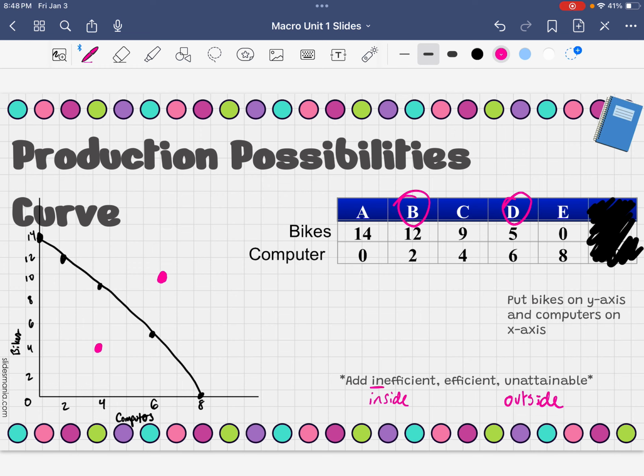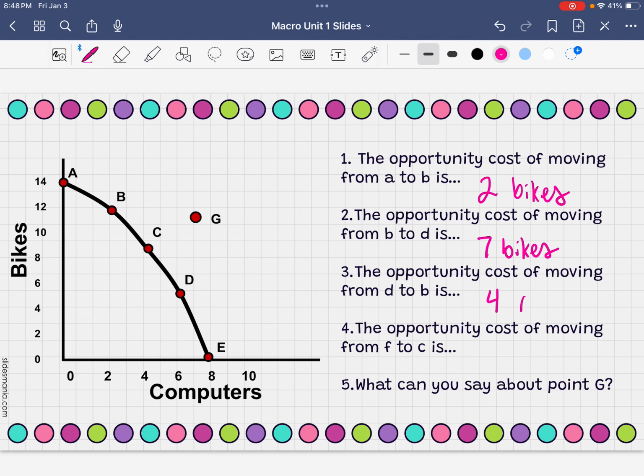What did I lose? From D to B, I gained 7 bikes. But from D to B, I lost 6 down to 2, 4 computers. So I'm going to go over here and write we lost 4 computers.